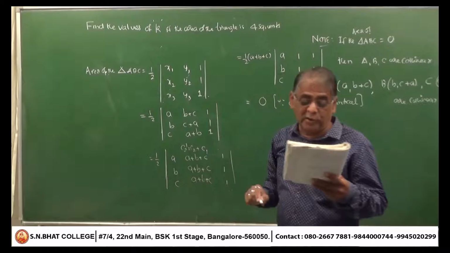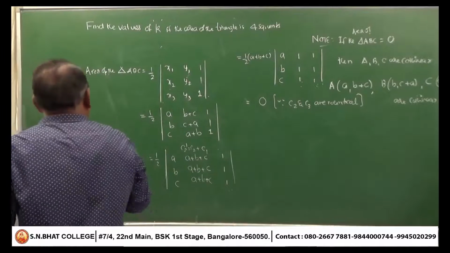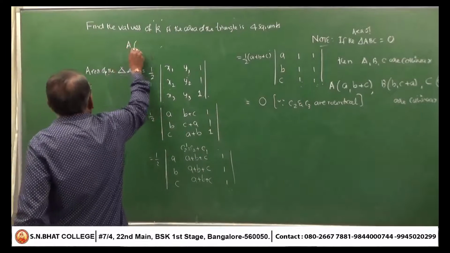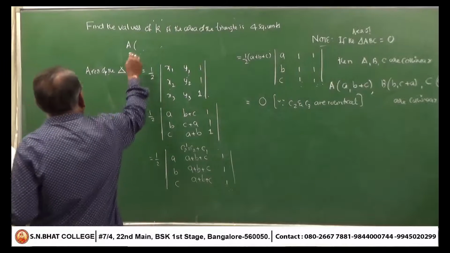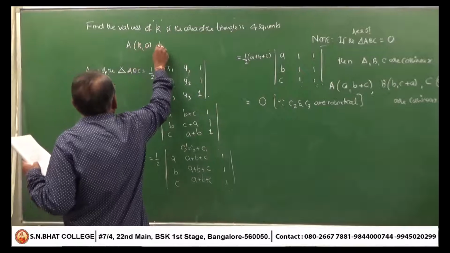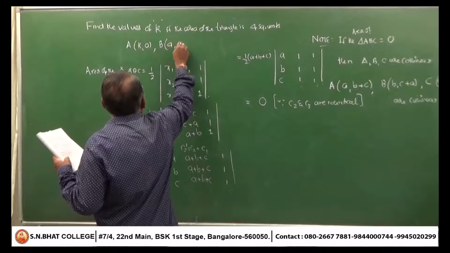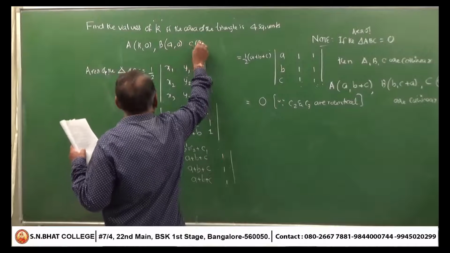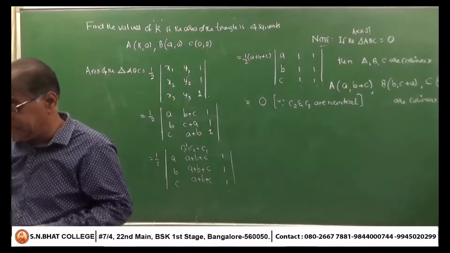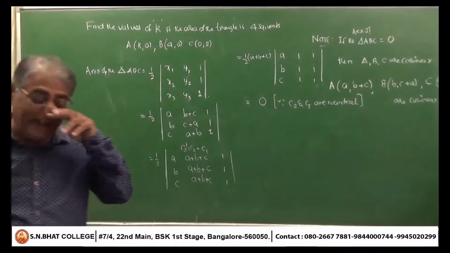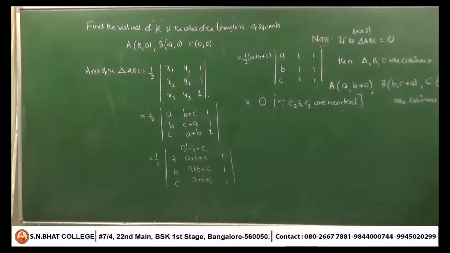Area is given, you have to find the value of k, where the vertices are A is (k, 0), B is (4, 0), C is (0, 2). You have to find k, given the area of the triangle is 4 square units.